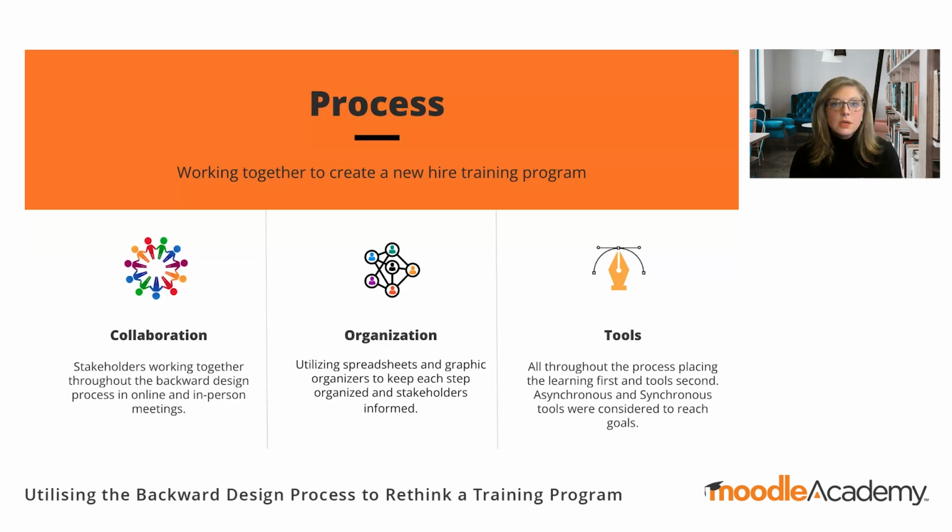involved first, like I was talking about, bringing all the stakeholders together and having open discussions. The stakeholders can be everything from subject matter experts, supervisors, managers, trainers, Moodle admin, whatever the case may be. We held online meetings regularly.